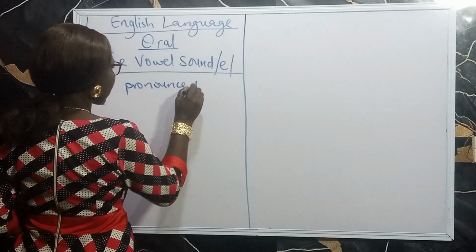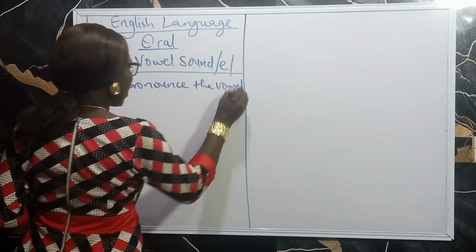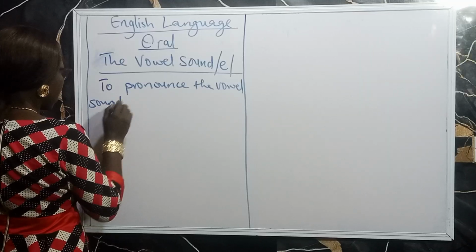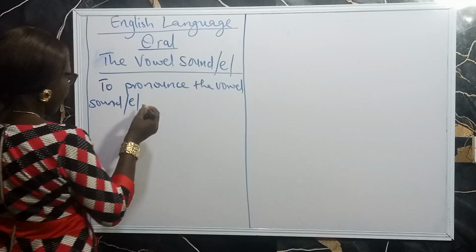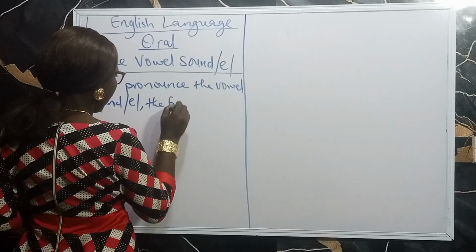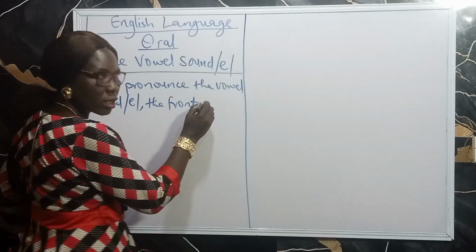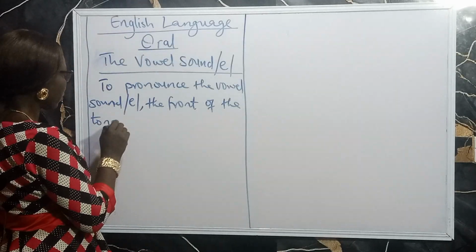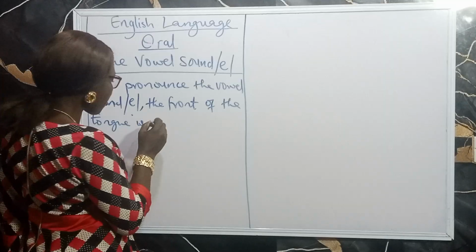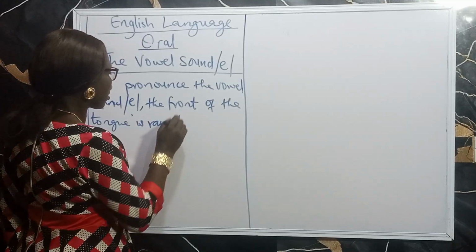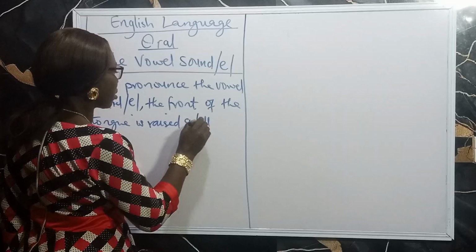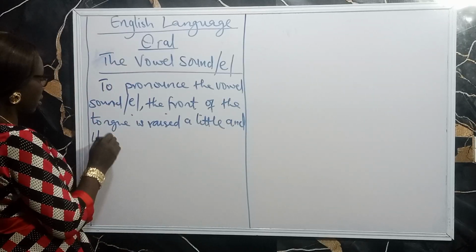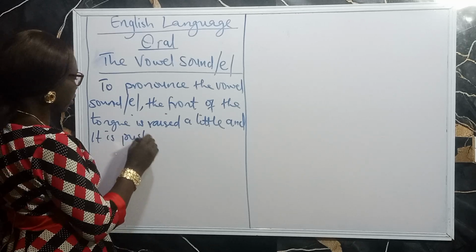To pronounce the vowel sound e, the front of the tongue is raised a little and it is pushed forward.